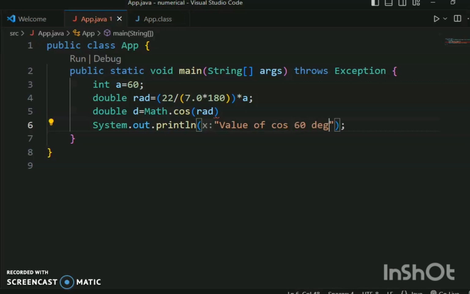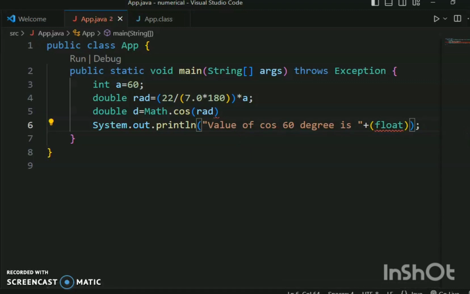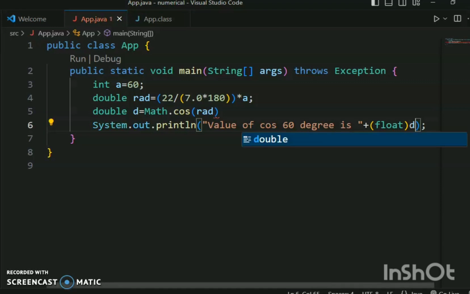60 degree. Okay, so value of 60 degree is, float plus float. So this is my total conversion.